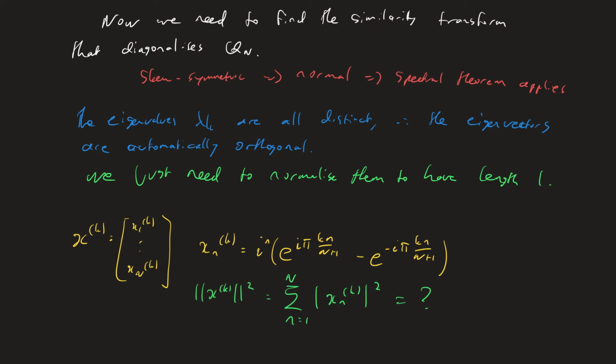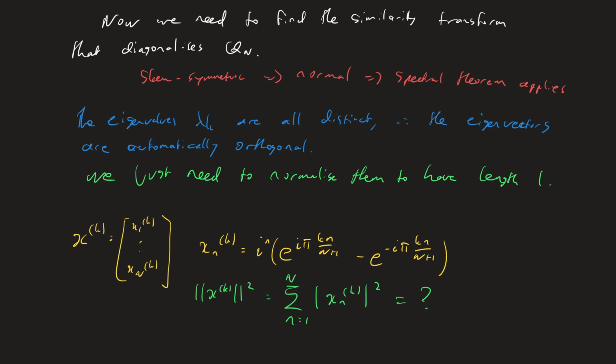This means that our eigenvectors can simply be put together to form a matrix whose columns are orthogonal to each other. To make it unitary, we just have to normalize each of our eigenvectors so they have Euclidean length 1. Our kth eigenvector has elements given by this expression here. We previously simplified this into a sine term, but for some calculations it's easier to leave it in the form of complex exponentials here.